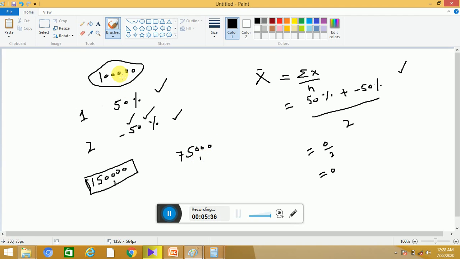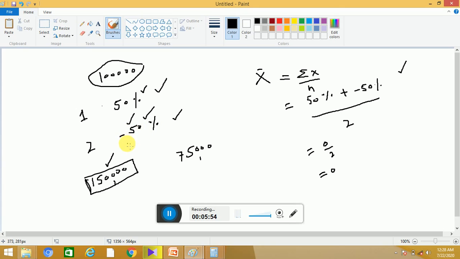Our amount was 100,000, and a 50% profit means 50,000, so 1 lakh plus 50,000 becomes 150,000.